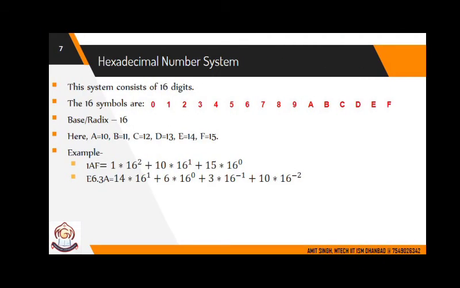Then hexadecimal number system. Hexadecimal number system consists of 16 digits starting from 0 to F, where A resembles 10, B is for 11, C is for 12, D is for 13, E is for 14, and F is for 15. As an example, you are seeing on the screen.